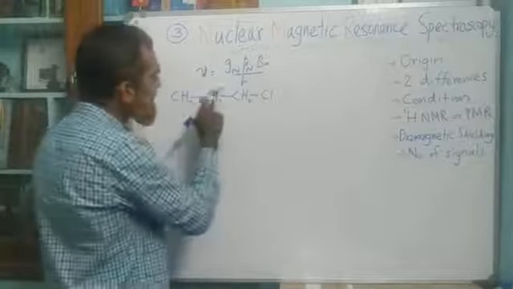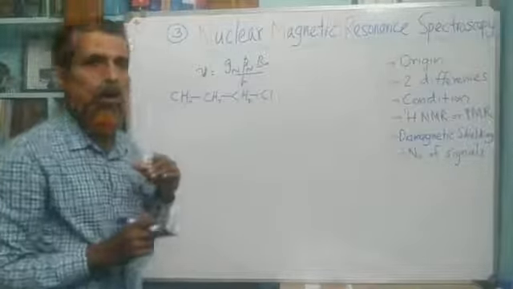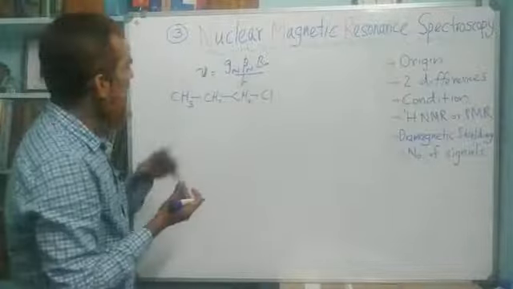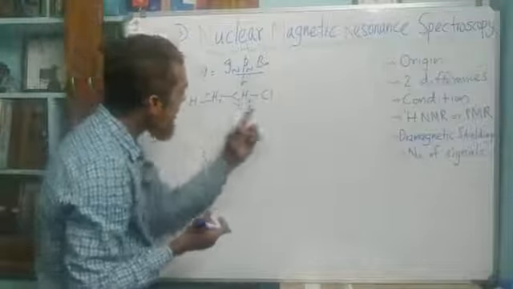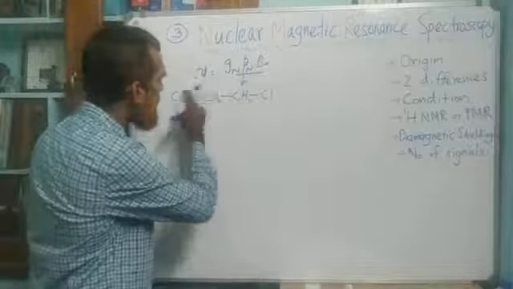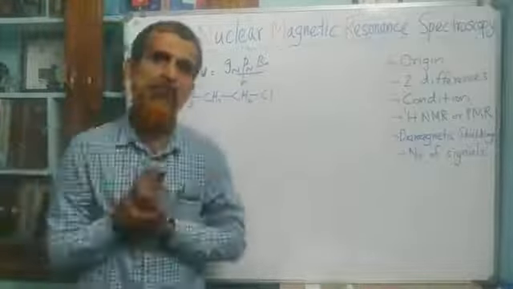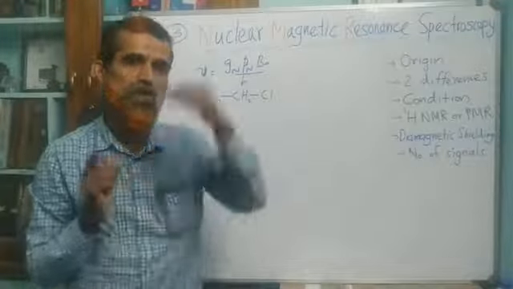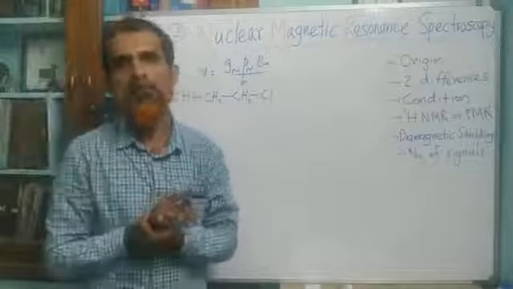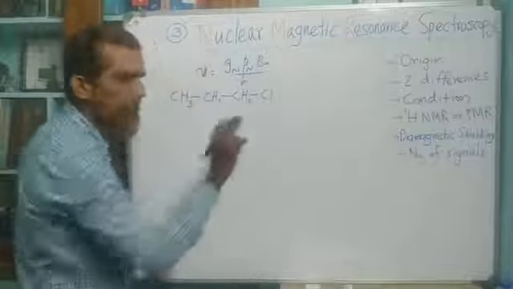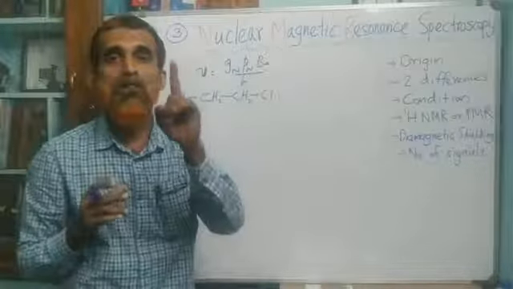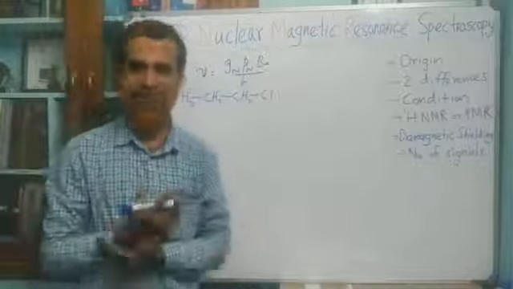Now these protons are present in the molecule, and if all these protons are absorbing the same frequency of radio wave for transition, then you will get only one NMR signal for the whole molecule, which is of little use.